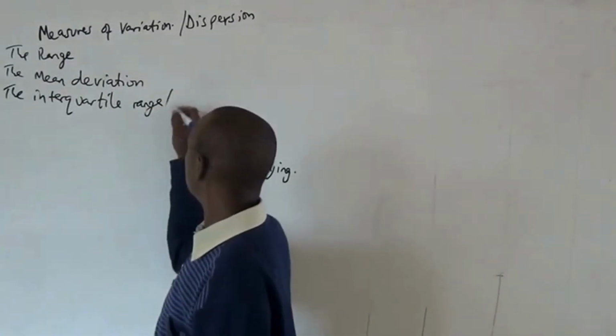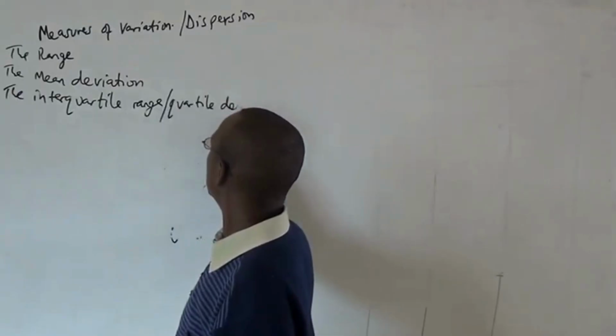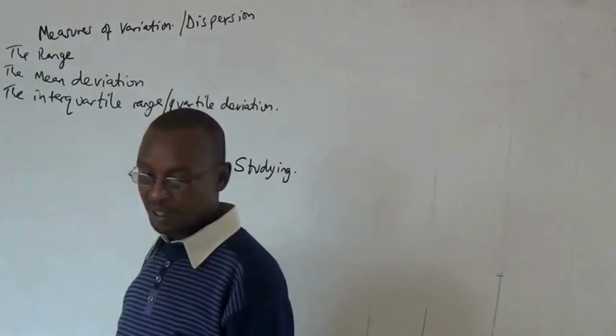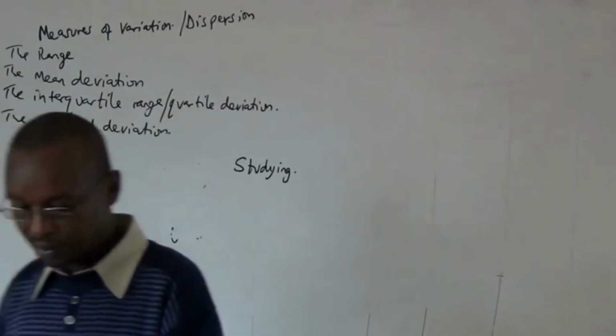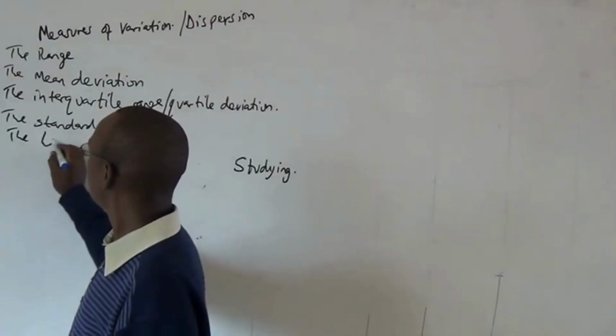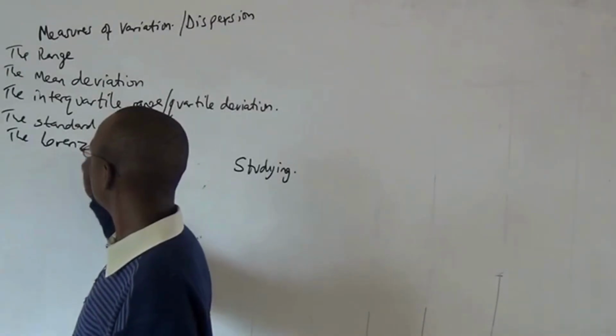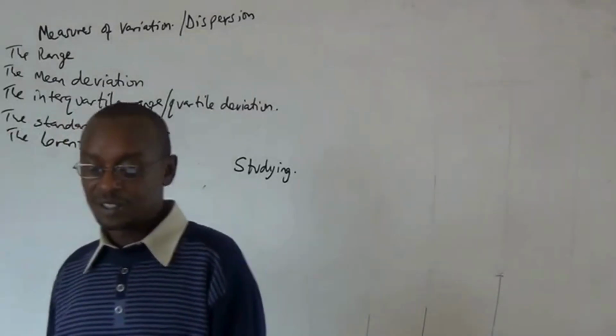This one is also called quartile deviation. Then the standard deviation. And lastly we have the Lorenz curve. Let's start with the range.